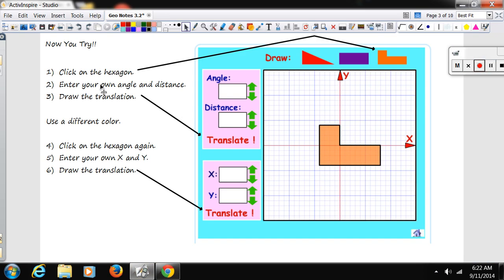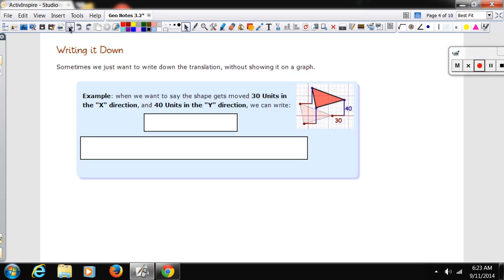Alright, so let's take a look at a few examples of that. First, let's look at how we actually write it down, the notation that we would use. When we want to say that a shape gets moved 30 units in the X direction and 40 units in the Y direction, so if you're going over 30 and up 40, here's how you would write it. You'd put X, Y, and you'd put X is plus 30 and Y is plus 40.